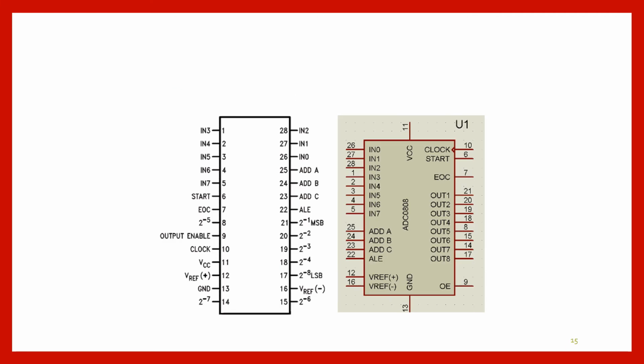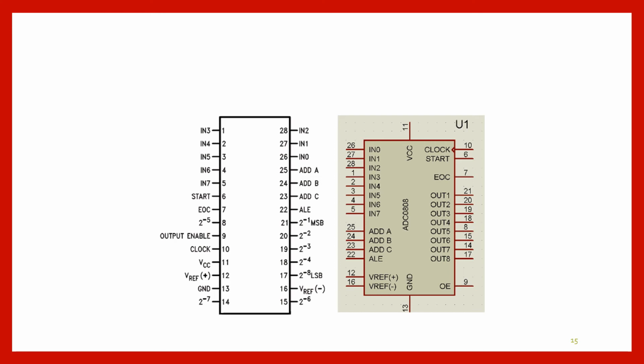Just see the pin diagram, a general pin diagram I am showing, not one to one. We have not shown the interfacing here, just which pins are available. So IN3, IN4, IN5, IN6, IN7, these are among the 8 pins IN0 to IN7, on the left side and right side, 28, 27, 26.